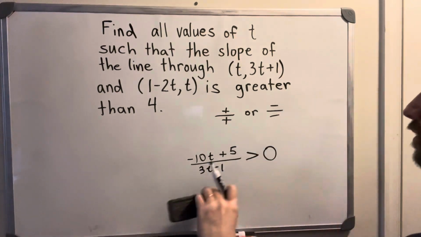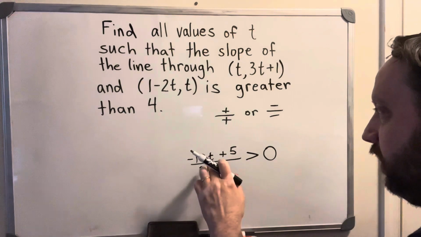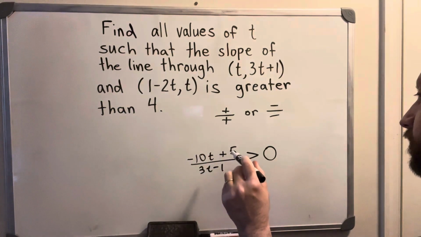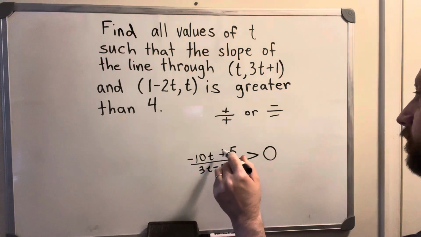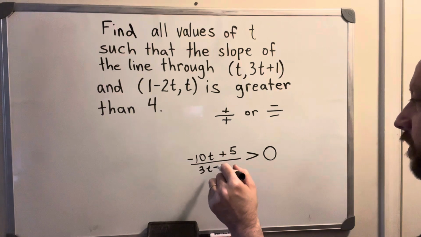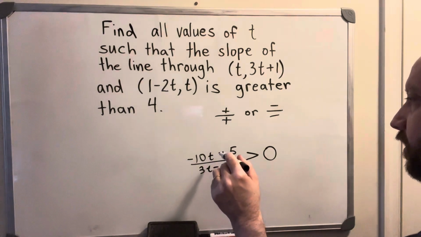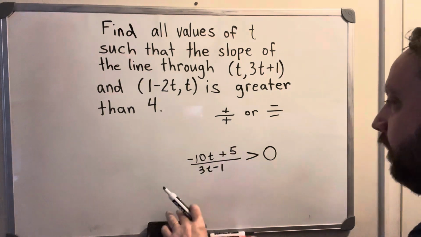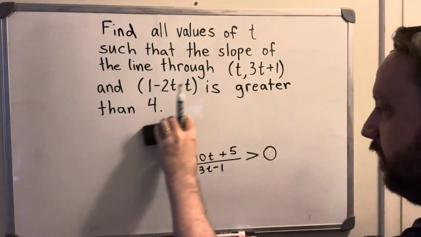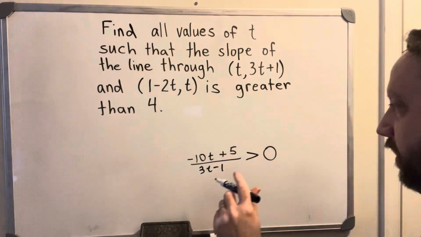So now we want to find out if there are values of t where this is positive and this is positive, or if there are any values of t where this is negative and this is negative. It might be that one of these is inconsistent, as we'll see.